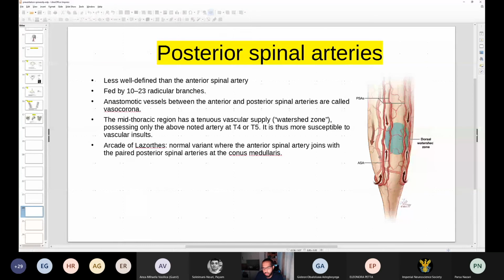So this is the posterior spinal artery in here, and this is the anterior spinal artery. You can see it goes to here, and here it's making the curve and showing up posteriorly, connecting with the posterior spinal artery. This is a normal variant called the arcade of Lazarus.